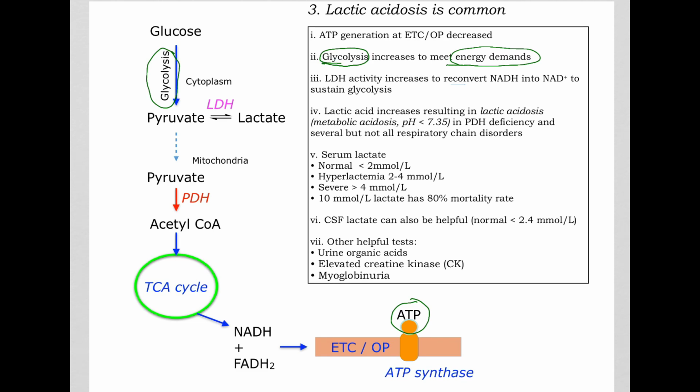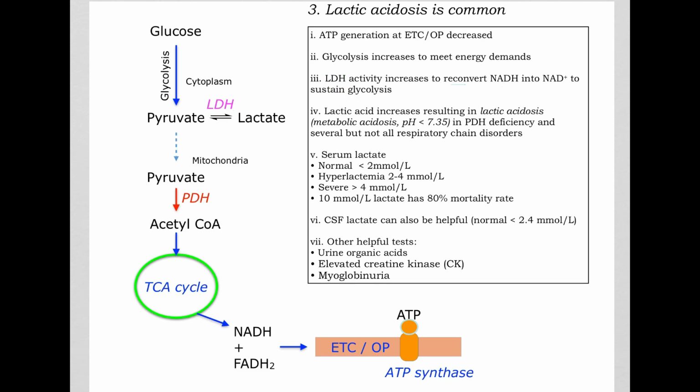As we mentioned previously, in order to keep glycolysis running, we have to convert the pyruvate into lactic acid, because by this reaction we are converting NADH into NAD, and this NAD is required for glycolysis. So basically, the lactate dehydrogenase enzyme, LDH, sustains glycolysis by converting NADH into NAD.